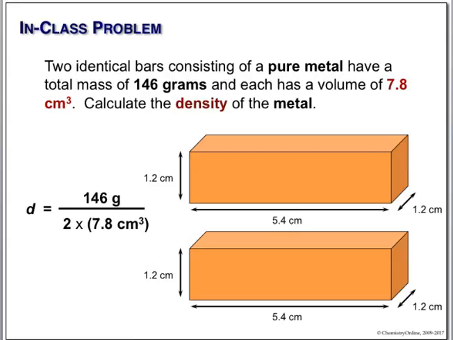Density is going to be our total mass, that's 146, both bars. Our volume is 2 times 7.8. Multiply that out, do our division. The density is 9.4, just like before. It doesn't matter about the sample size. Density is an intensive property and will always be the same.